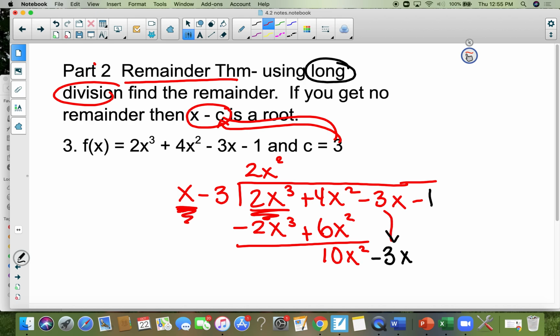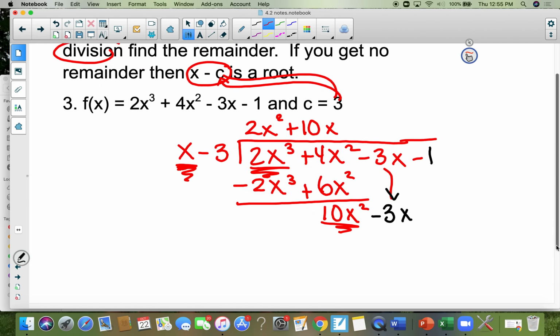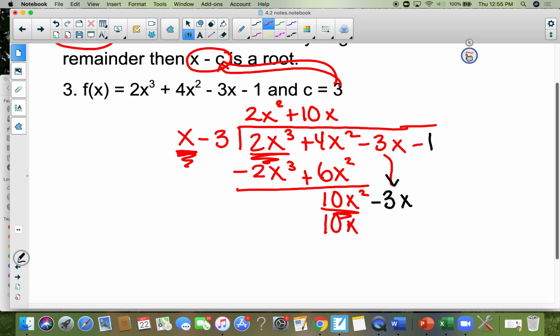Compare this x with 10x squared, and it needs to be a positive 10x. 10x times x is 10x squared, minus 3 is a negative 30x. Draw your line and switch your sign. The 10x squared and the negative 10x squared cancel out.